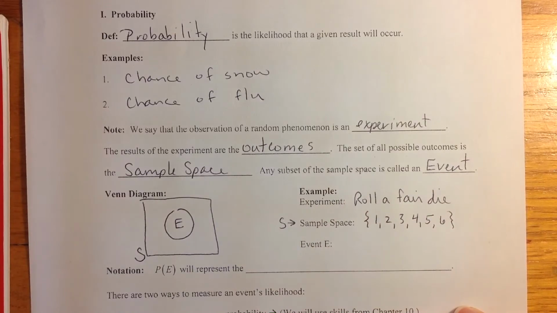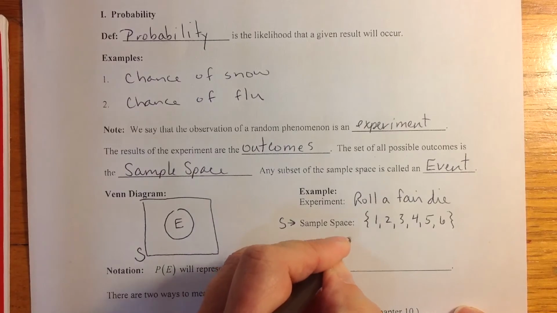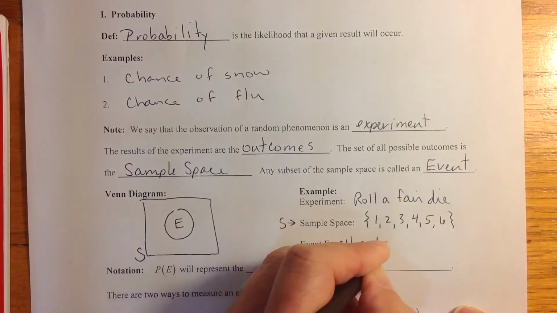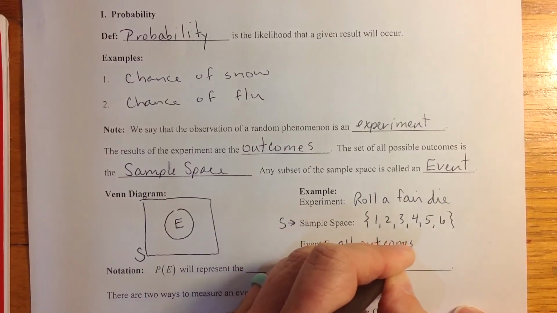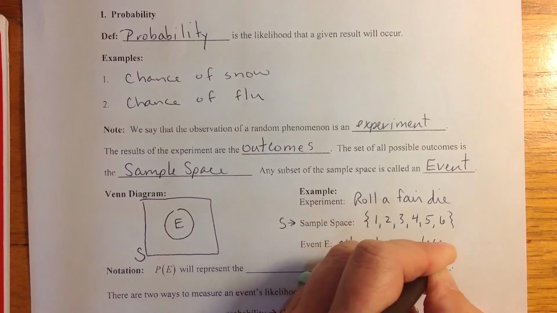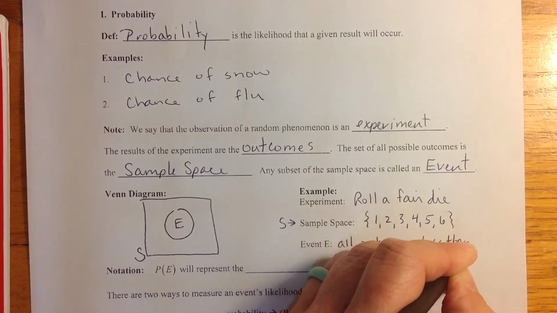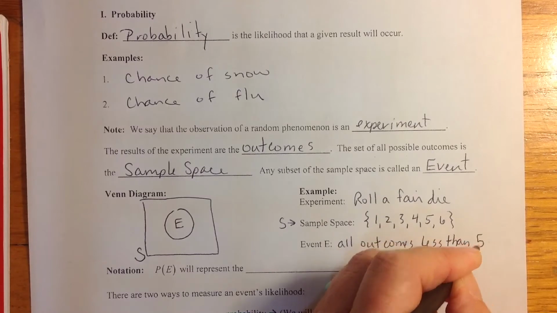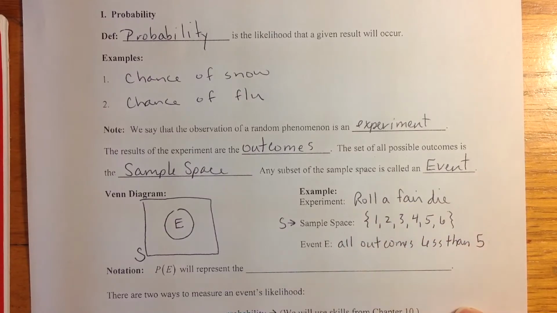A particular event, E, could be all outcomes less than 5. Note, P of E is notation for the probability of an event.